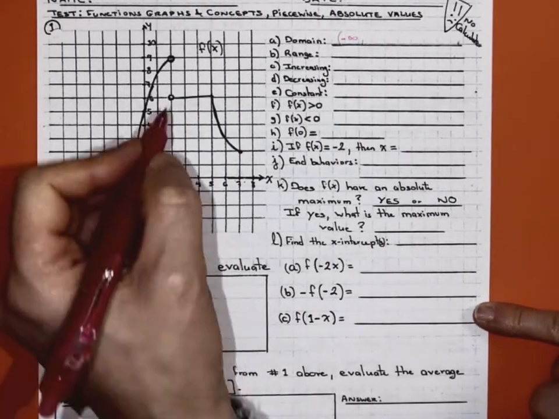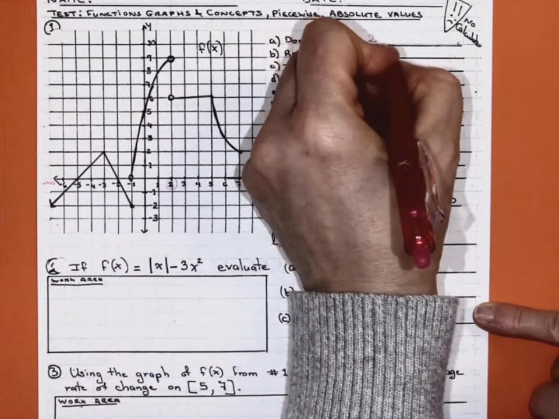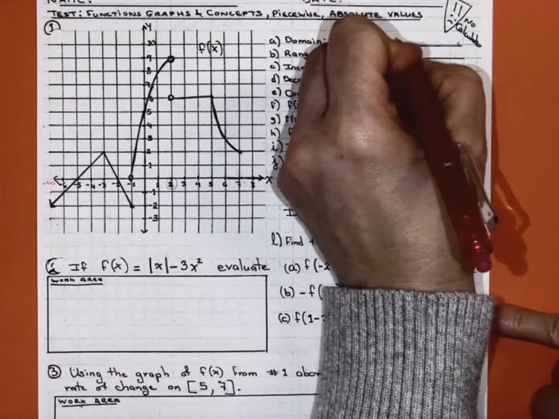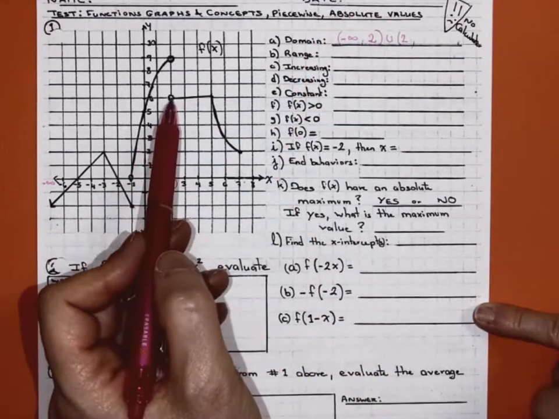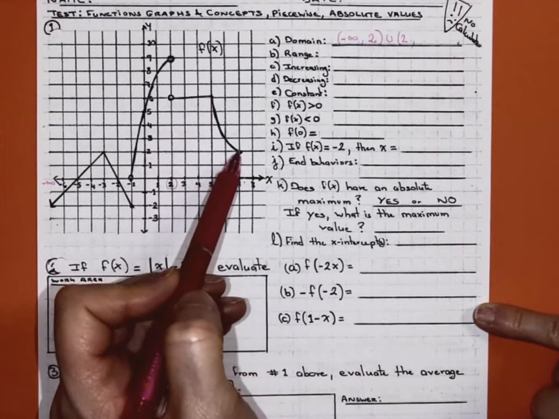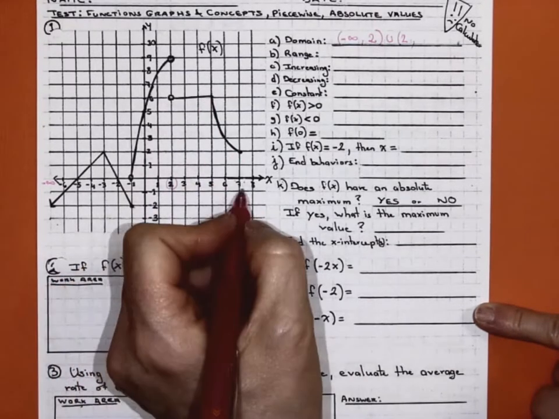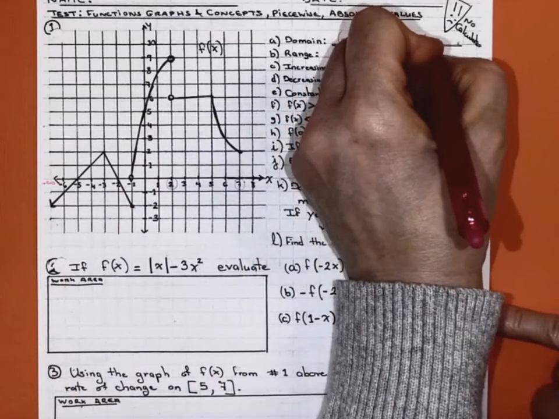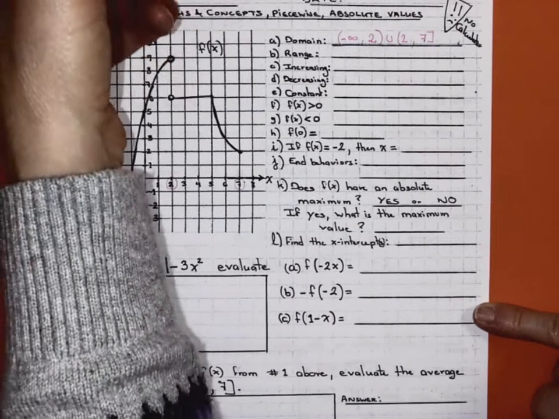But 2 doesn't have any y value assigned to it, so we have to take it out. So 2, not including, and then we start again from 2, but not including it. And then we're going to keep following the graph, and we stop here with a closed dot, so we stop at 7, including 7.